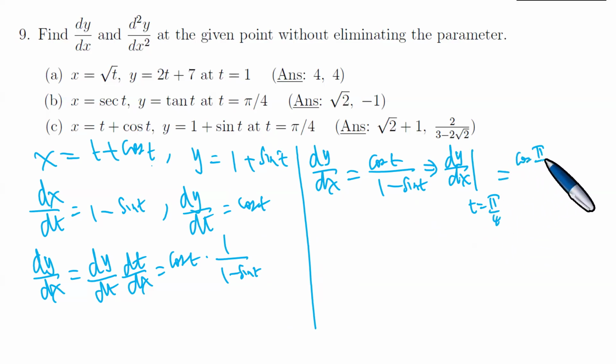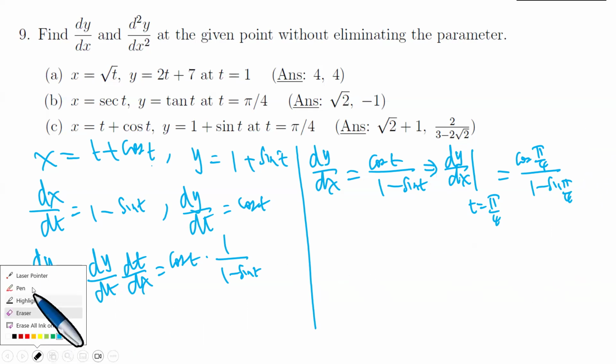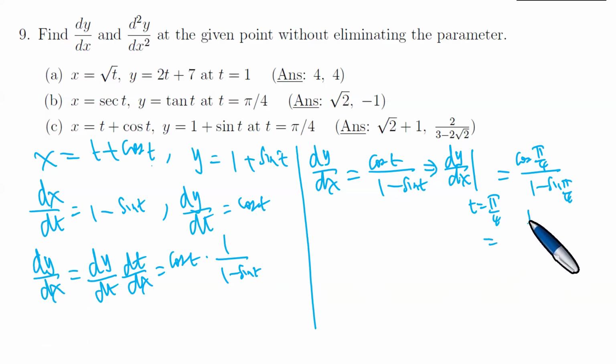So you have cosine pi over 4 divided by 1 minus sine pi over 4. Let's write at the bottom of this. So this would be 1 over the square root of 2 over 1 minus 1 over the square root of 2.